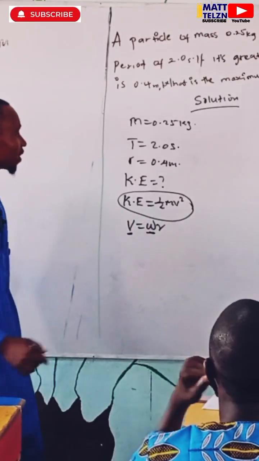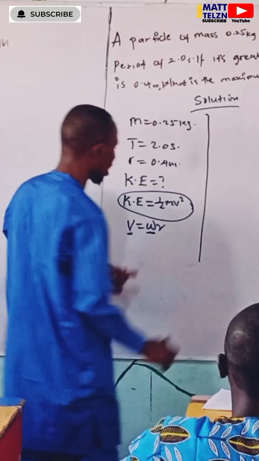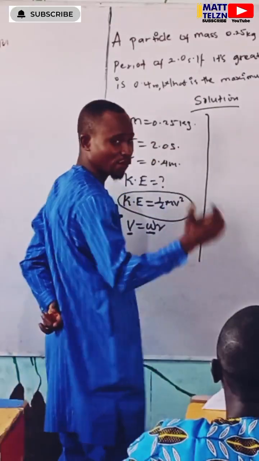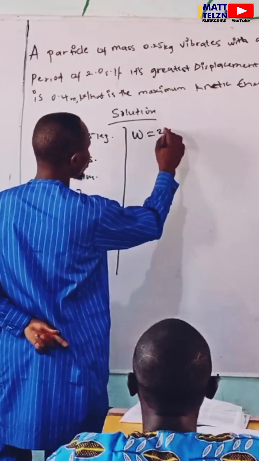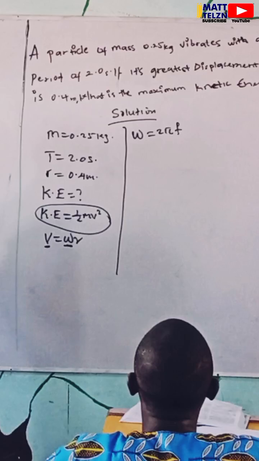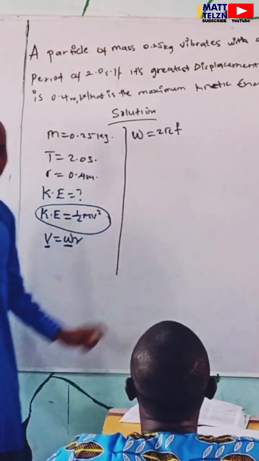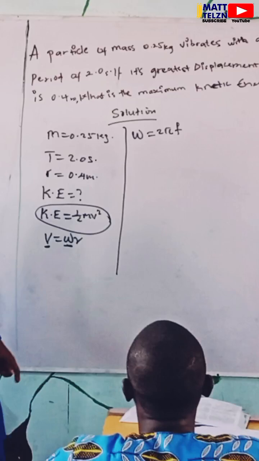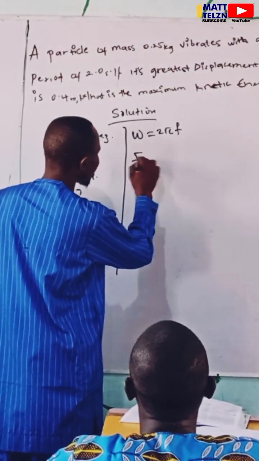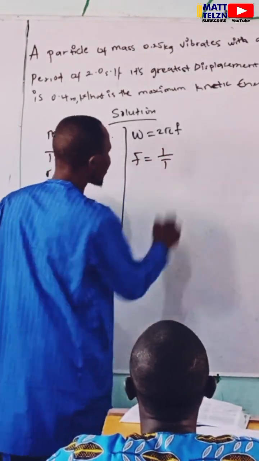So let's go. The first thing is to calculate the angular velocity. What's the formula for angular velocity? It is equal to 2 pi f. But in this case, frequency is not given. Recall that frequency is equal to 1 over period.